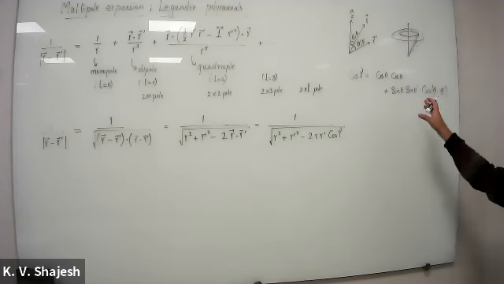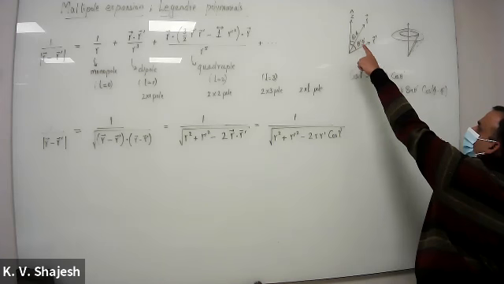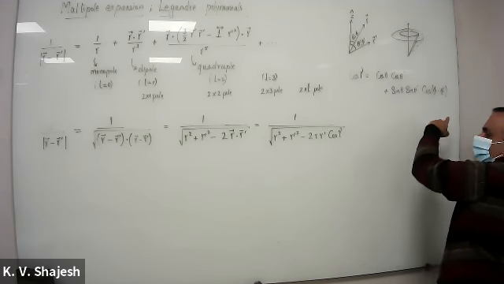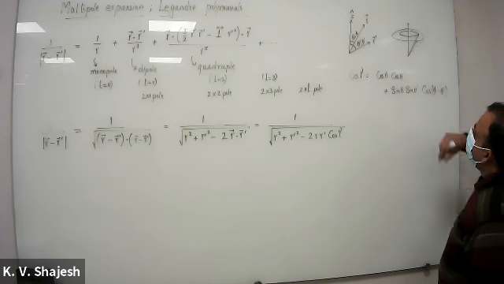Remember that? Right? The dot product of these two vectors, if you were to write it in terms of theta and theta prime, you will have cosine theta, cosine theta prime, sine theta, sine theta prime, and cosine of phi minus phi prime.